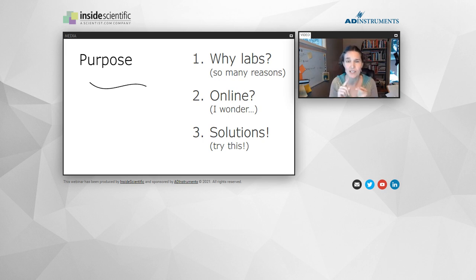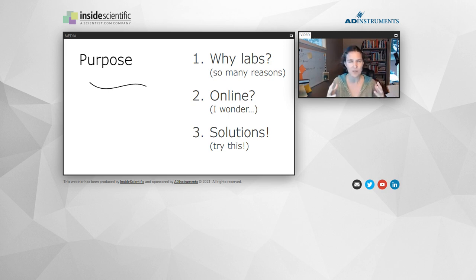So we're going to do three things. We're going to look at why we do labs in the first place. We actually invest a tremendous amount of time and energy and resources in laboratory work in our science classes, and our students invest a huge amount of time. It's resource intensive and time intensive for us to facilitate lab activities.